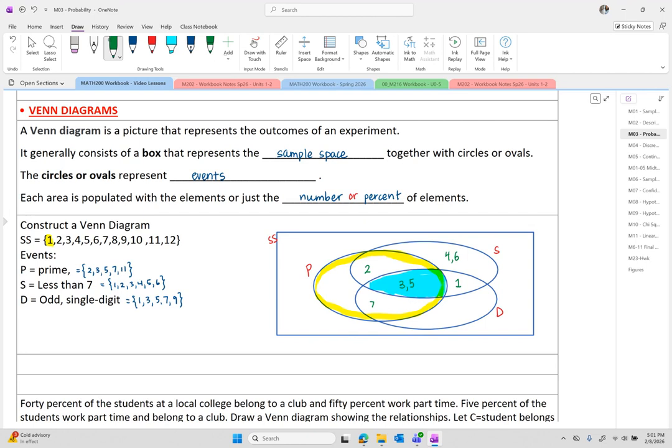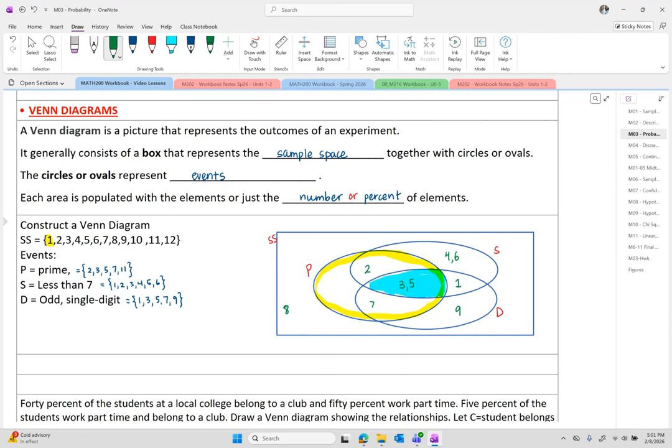So 8 will go outside of all 3 bubbles, but within the sample space. 9 is an odd single digit number only. It's not a prime and it's not less than 7. So it's going to be inside the D bubble, but outside the other 2.